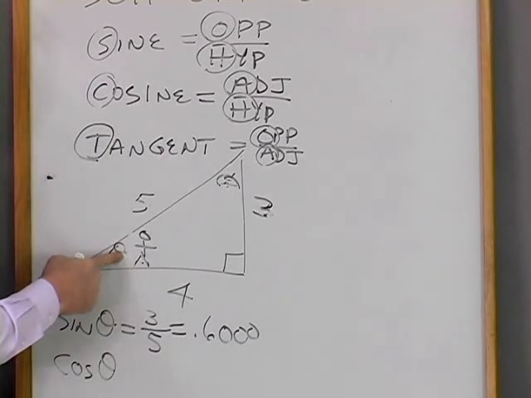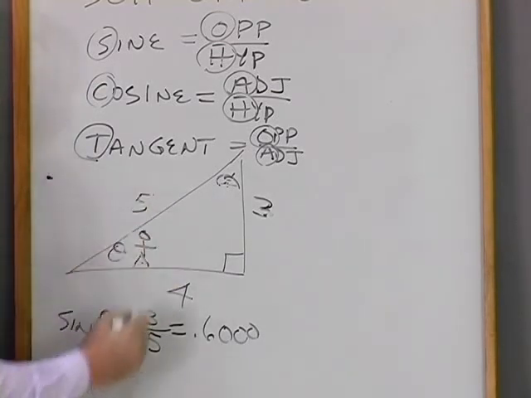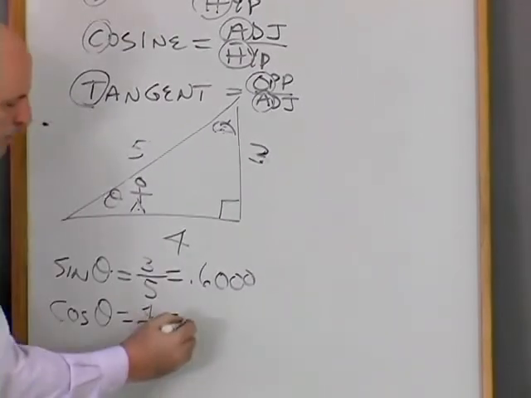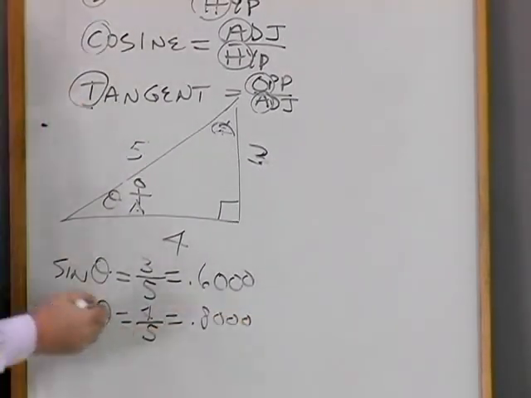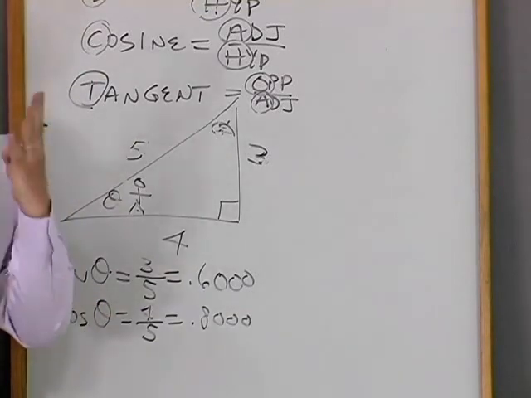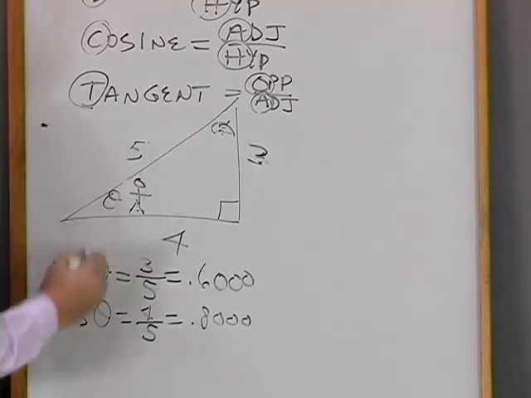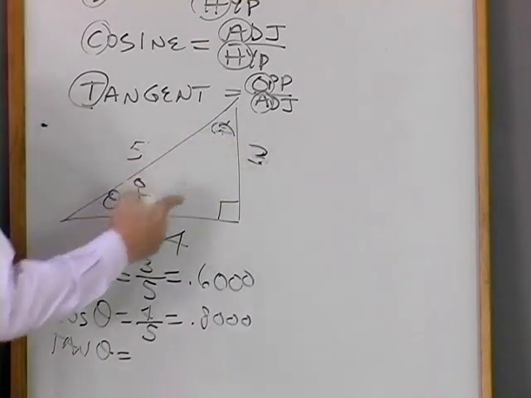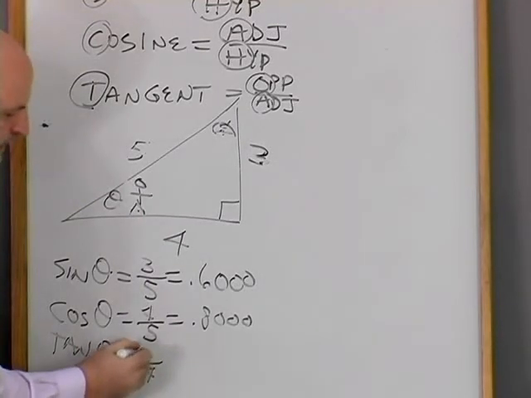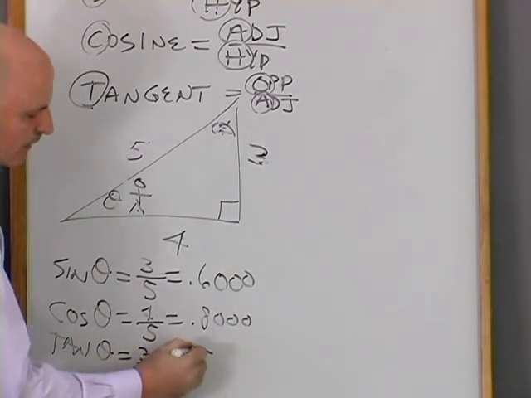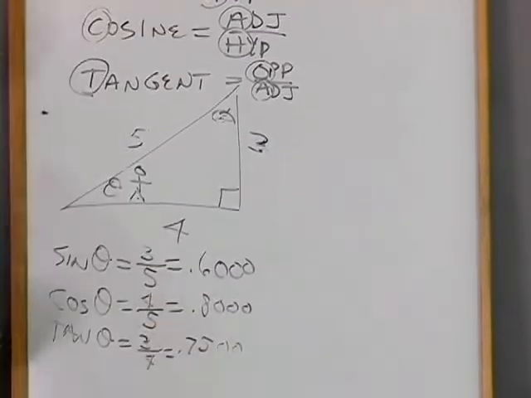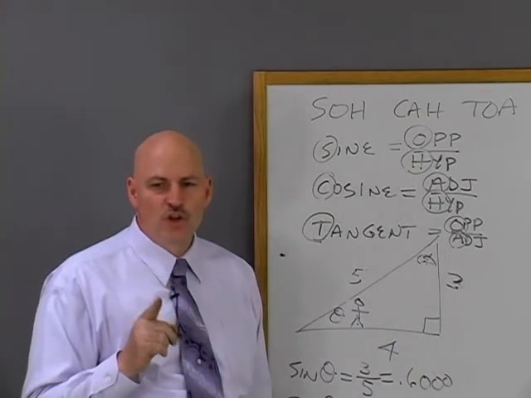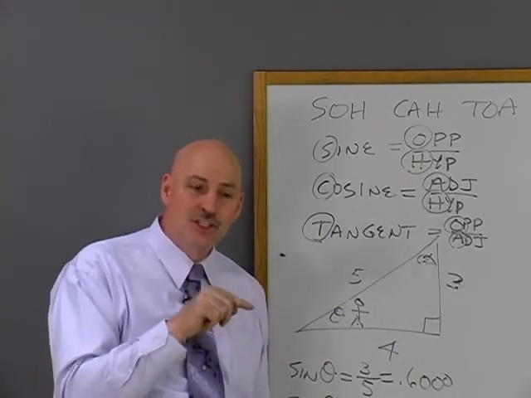Still standing here. 4 over 5, or 0.8. I put all these zeros because most trig tables I've seen have 4 decimal places. What's the tangent of theta? 3 over 4, which as a decimal is 0.7500.